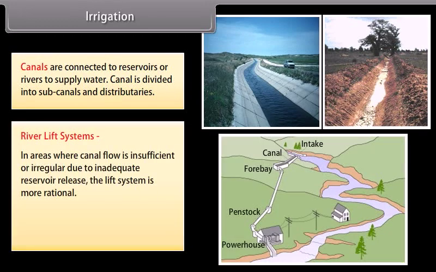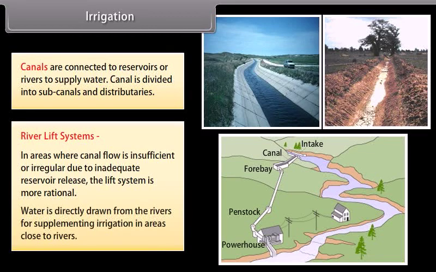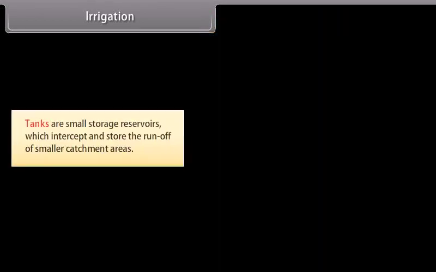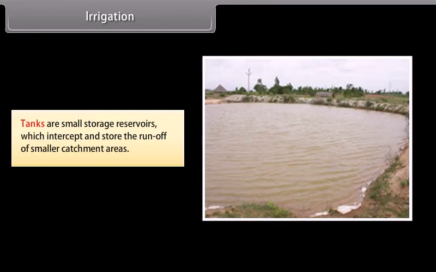In areas where canal flow is insufficient or irregular due to inadequate reservoir release, the lift system is more rational. Water is directly drawn from the rivers for supplementing irrigation in areas close to rivers. Tanks are small storage reservoirs which intercept and store the runoff of smaller catchment areas.